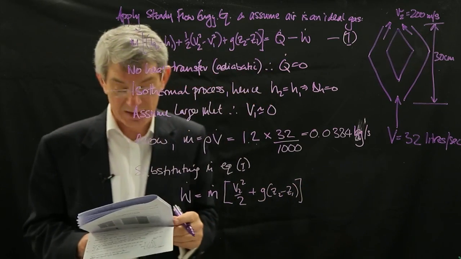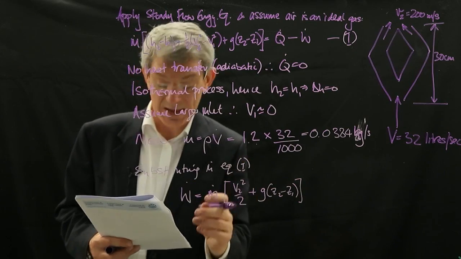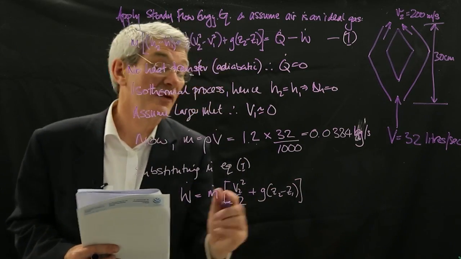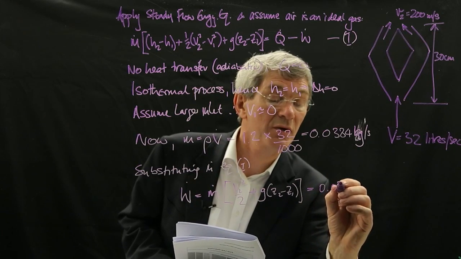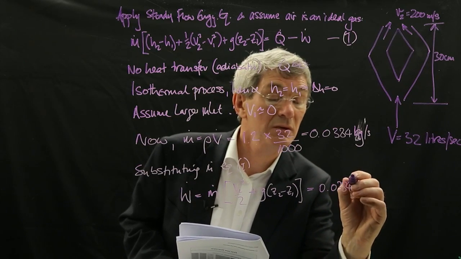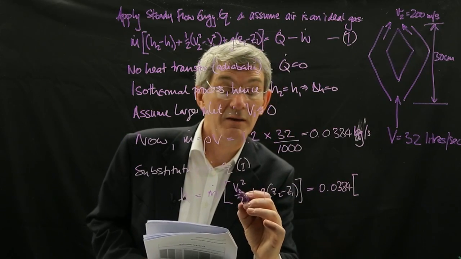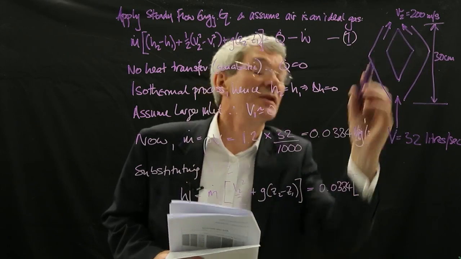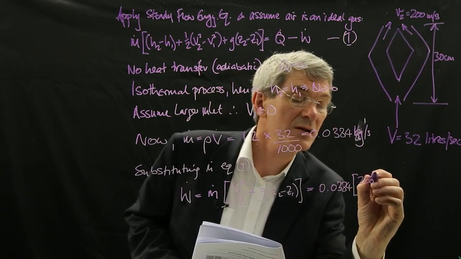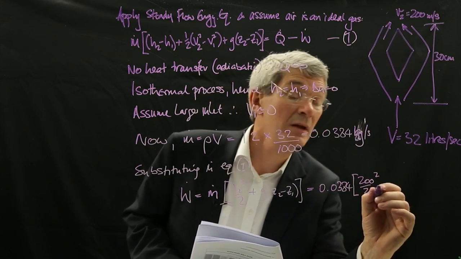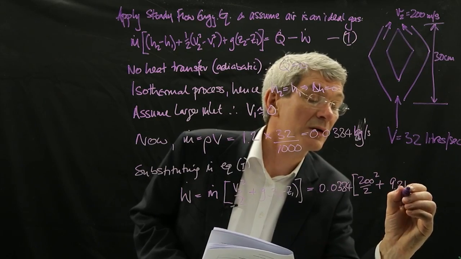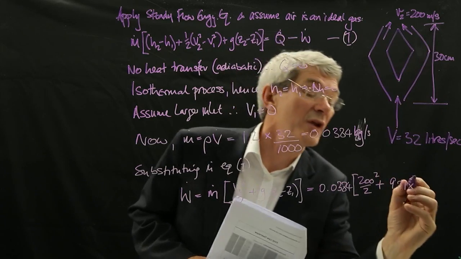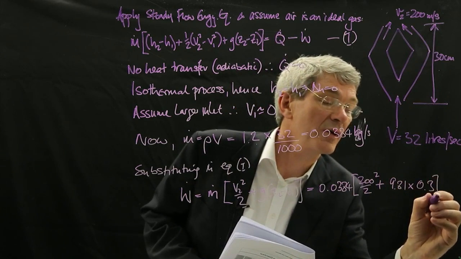And so we can put some values in here now, and we can say that m dot we've just found is 0.0384 times the velocity here, that's this value at the top, so that's 200 squared over 2, plus g, which is 9.81, times the height difference here, which is 0.3 of a meter.